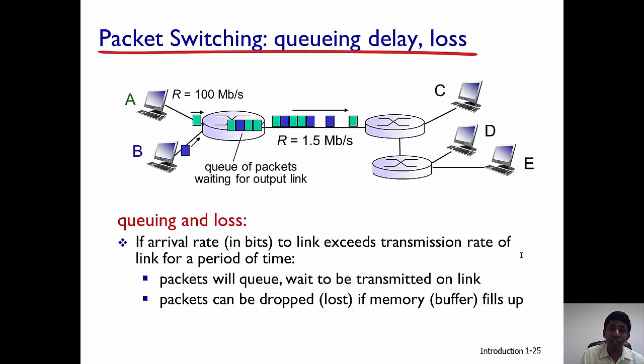If those packets are dropped, there is no way to recover them, and that causes a loss. While using the internet, you can experience loss, and that mainly happens because of queues overflowing and not having enough capacity to accommodate all the packets that are coming to them. We'll study delays and loss in greater detail as we move on.